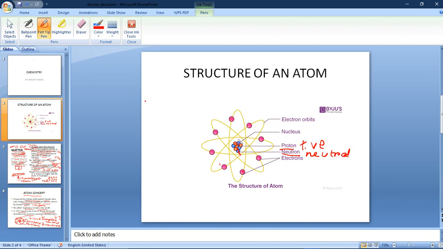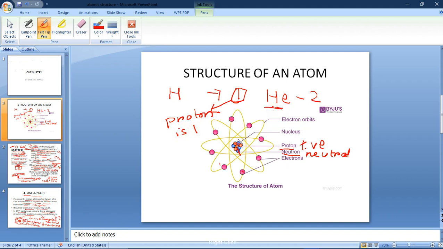And in the periodic table, all of you know that the total number of protons represents the atomic number. For example, the atomic number of hydrogen is 1, helium is 2. If the atomic number of hydrogen is 1, it means the proton is 1.